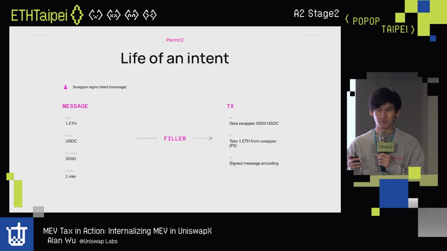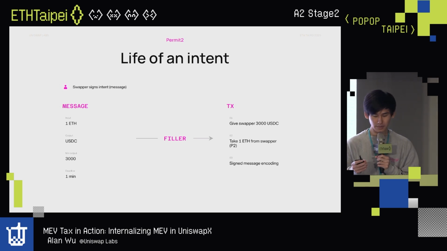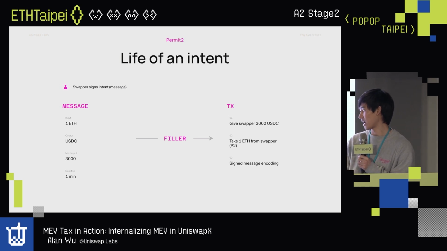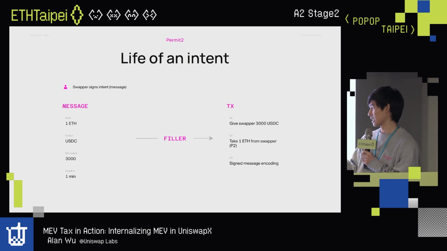And this is all made possible by Permit2. So part of what you're signing over when you sign this message is Permit2 information. So this is saying the token you want, some kind of minimum amount, and a deadline. And so a filler can take your signature and then they can execute a trade for you, giving you that output before some kind of deadline.